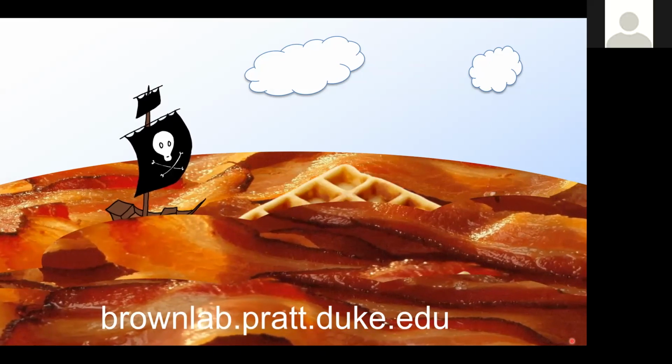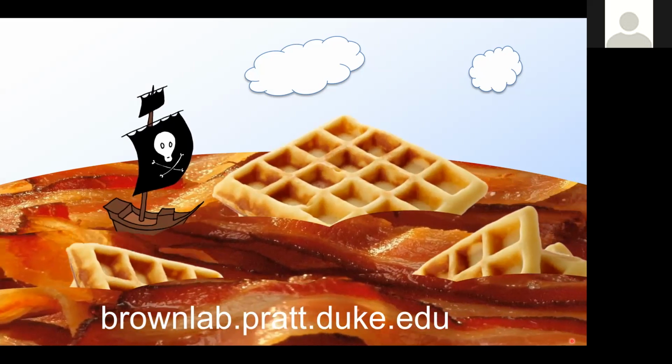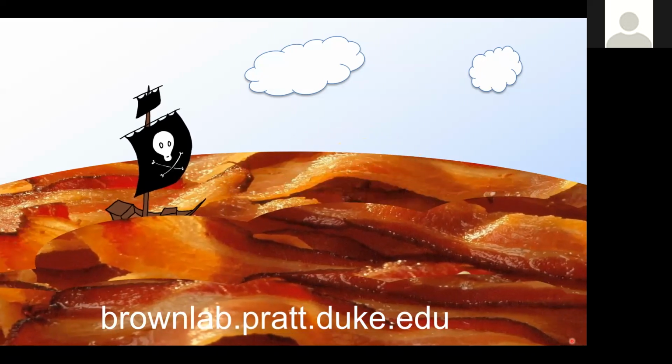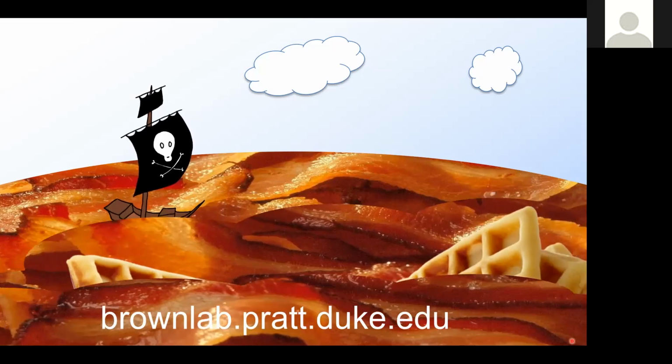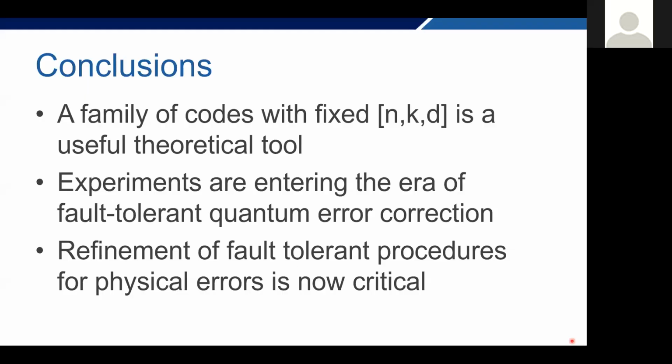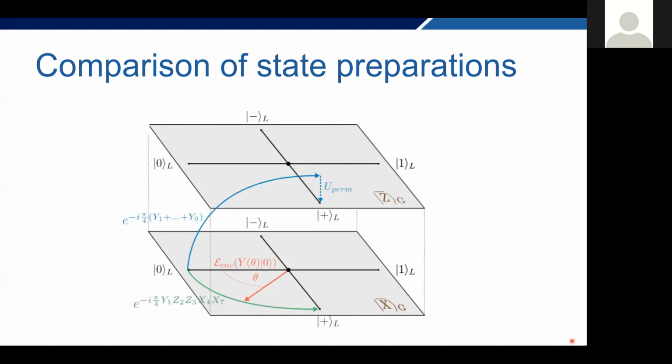Hi. Thanks, Ken, for the nice talk. It's nice to see the progress. Can you go back to the slide with the state preparation where you have these different gauges? Yeah, this one. It reminds me a lot of these coverings in mathematics, right?